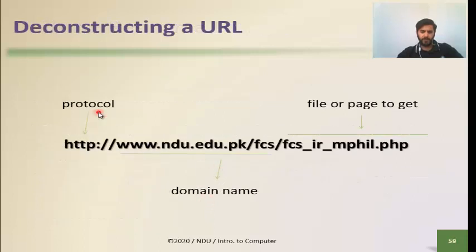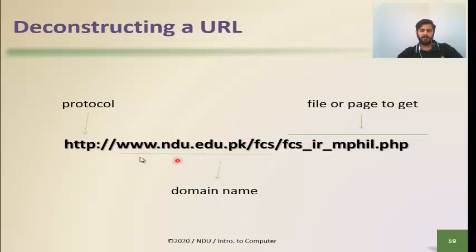So look at this: you have a protocol here, HTTP, hypertext transfer protocol. Then you have a domain name addressing here. www is a collection of electronic pages. And what type of pages are here? NDU is the organization which is hosting the electronic pages on the World Wide Web.